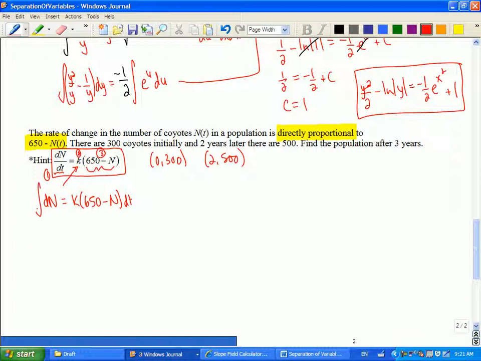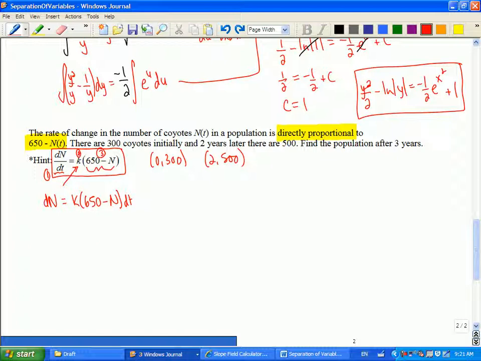But if I try to integrate these, okay, let's see here. Well, oops, sorry, can't integrate yet. Apologies. I have this pesky n right here that I have to move over, so I'm going to have to deal with that before I can do anything, because I haven't separated my variables.